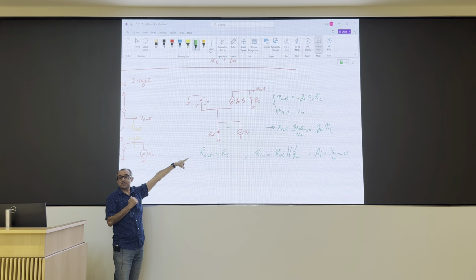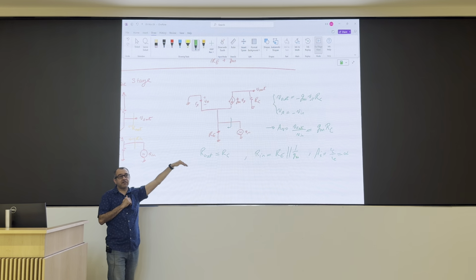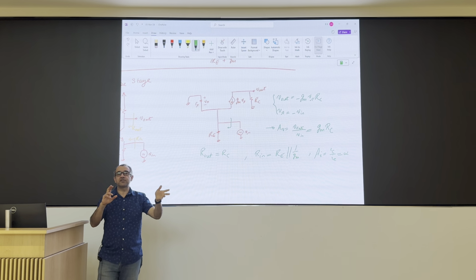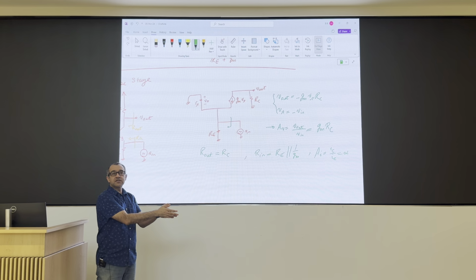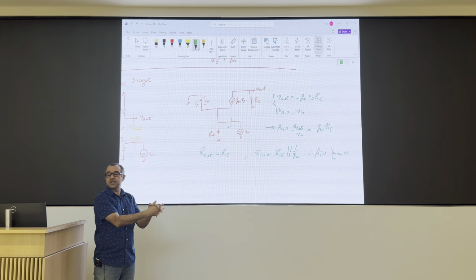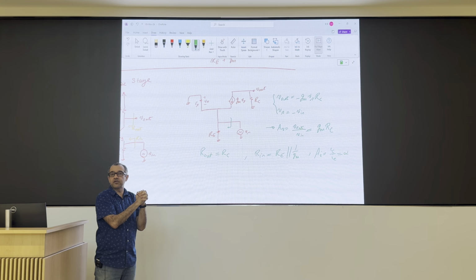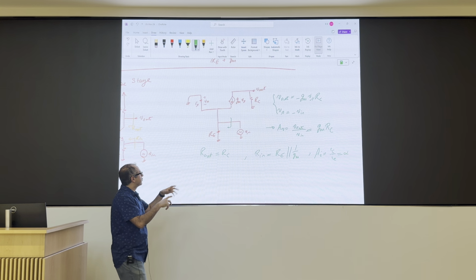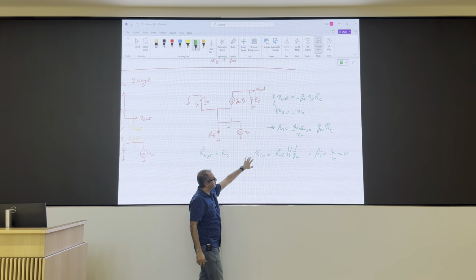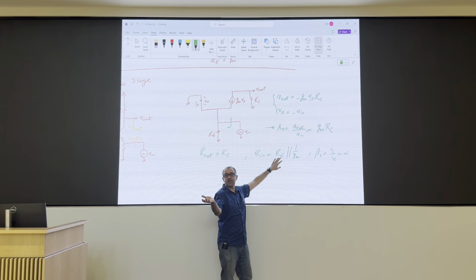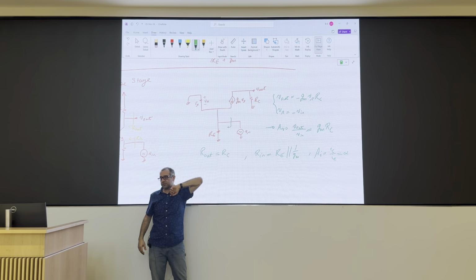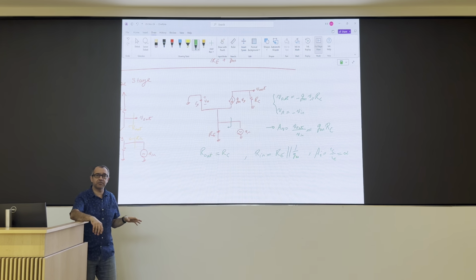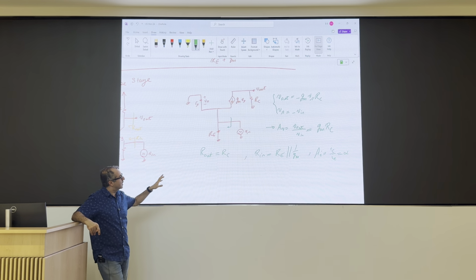The small input resistance is an advantage because in RF, everything has to be 50 ohms or 75 ohms or something in that range. An input resistance of 50 ohms for a common emitter stage is probably going to kill all of your gain right there. But this one gives you a small input resistance, 50 ohms, no problem, bias it at half a milliamp, and it gives you a lot of gain. So the main application of common base is for RF applications.